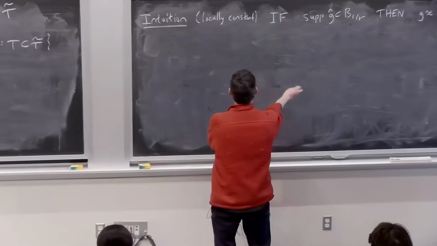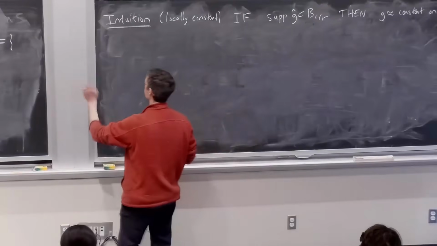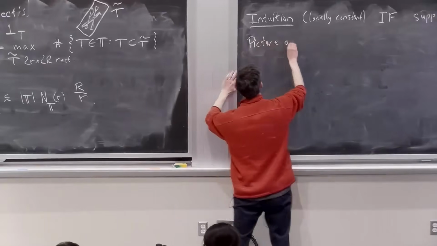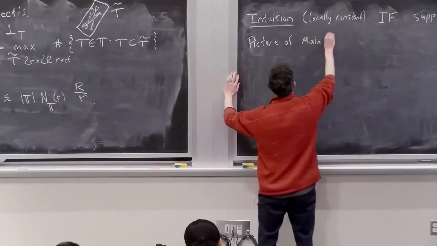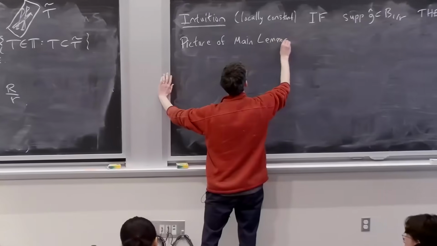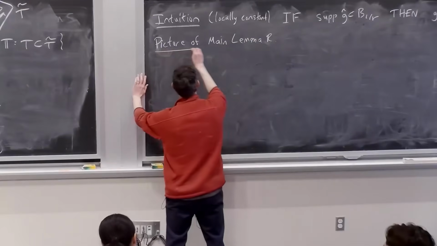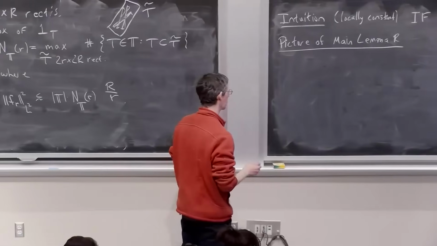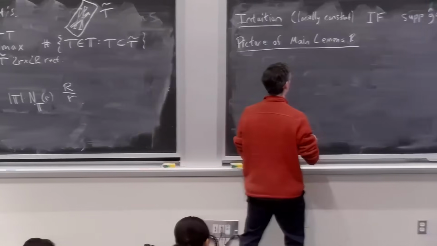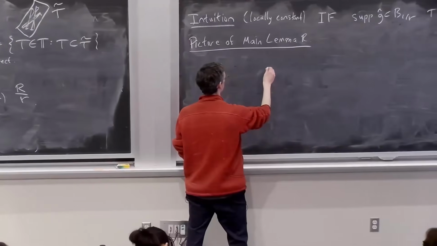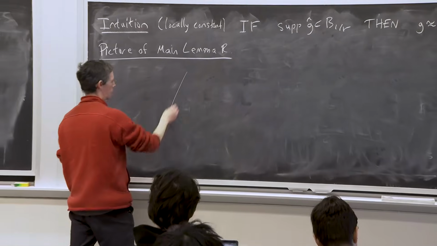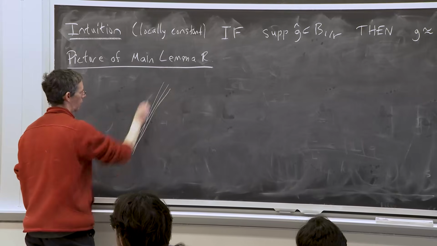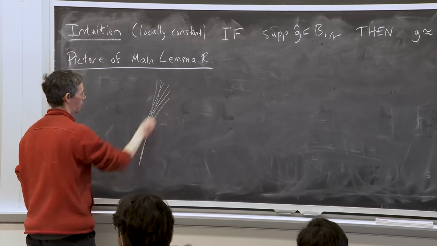OK. So based on this, let me make a picture illustrating the main lemma in the real case. Each one of those lines is going to be a 1 by r tube.